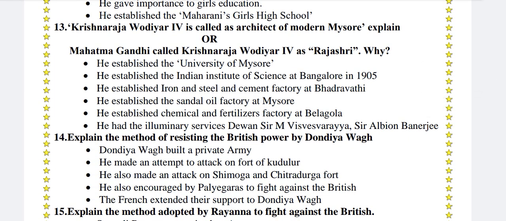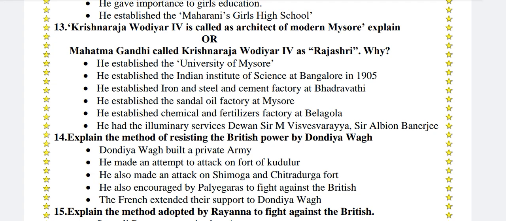Krishnaraja Wodeyar IV is called the architect of modern Mysore. Explain. Or: Mahatma Gandhi called Krishnaraja Wodeyar IV a Rajarshi. Why? He established the University of Mysore. He established the Indian Institute of Science at Bangalore in 1905.